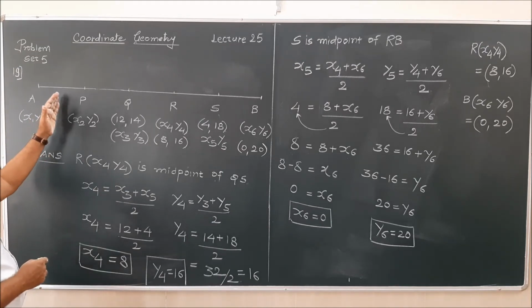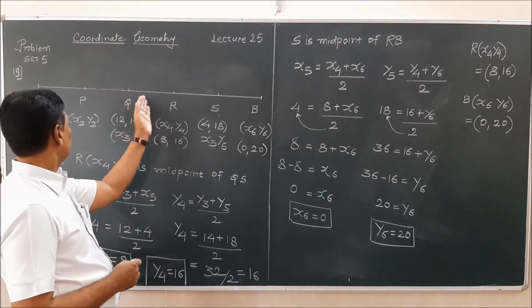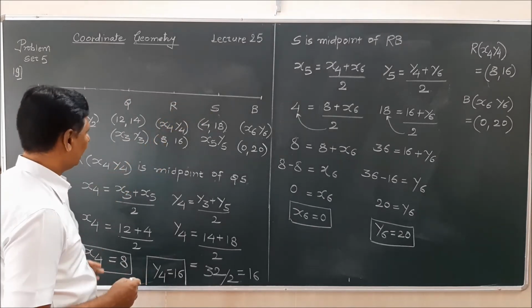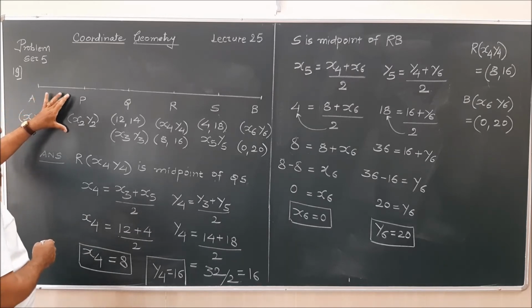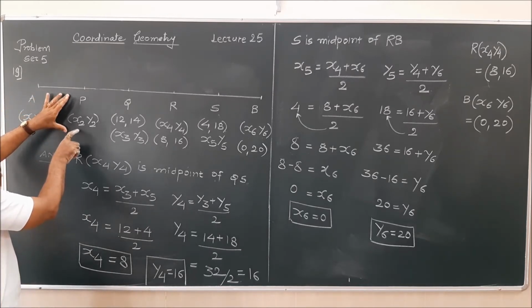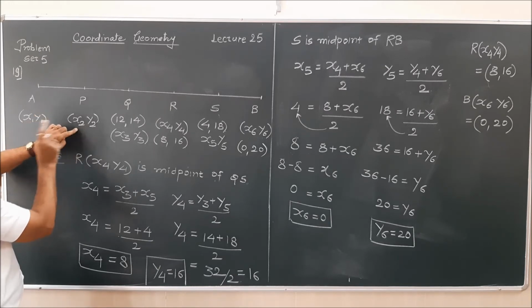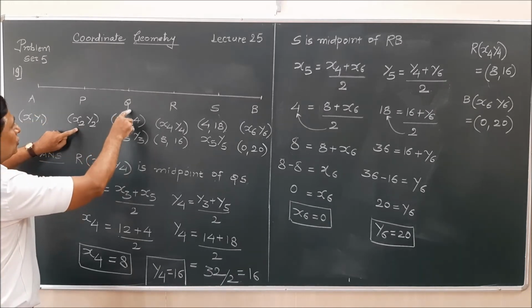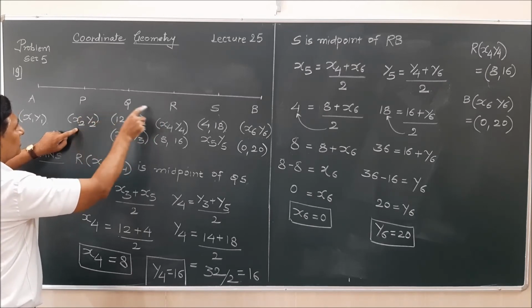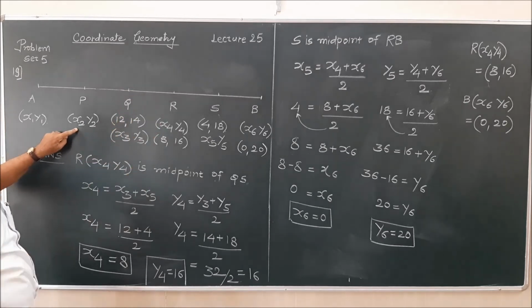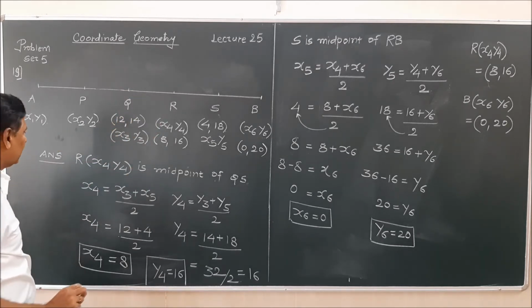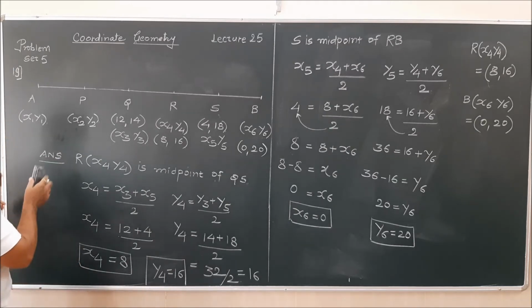Now what we have to find out are the coordinates of A and the coordinates of P. We can find out the coordinates of P very easily. How? Q is the midpoint of PR. We know the coordinates of Q as well as the coordinates of R. So the next step is the same. What I'll write now? Q.